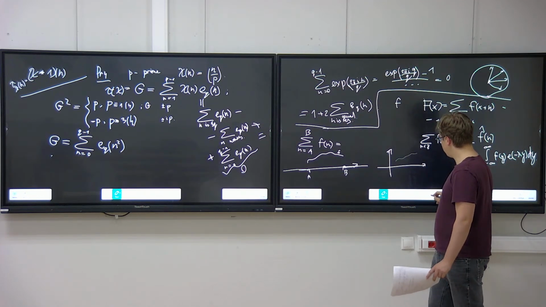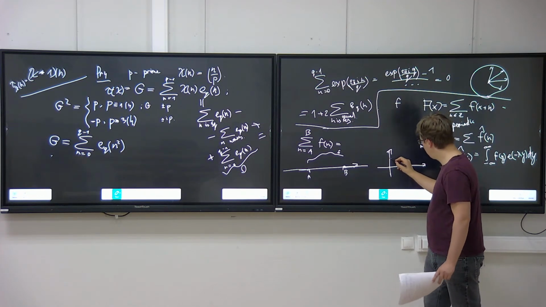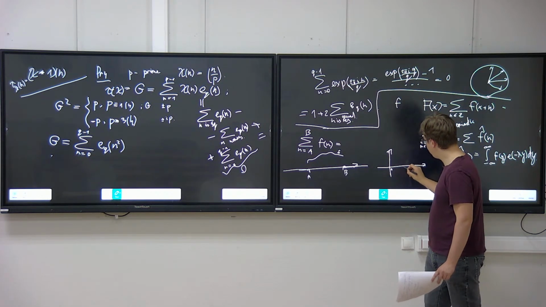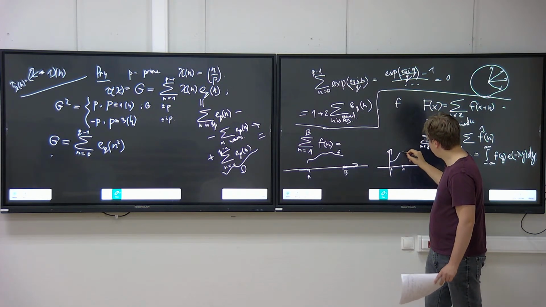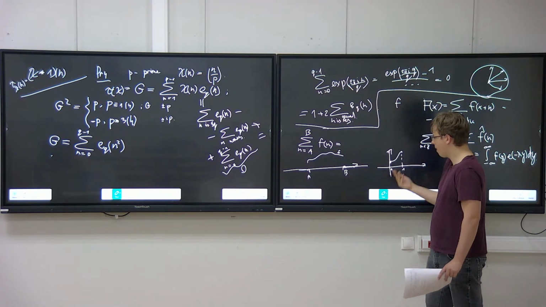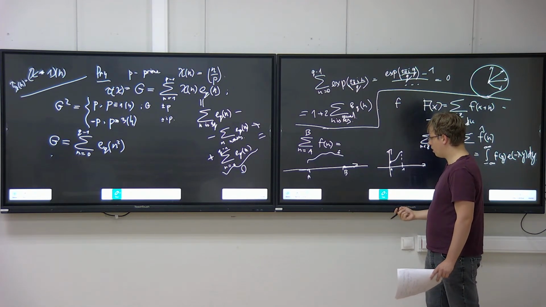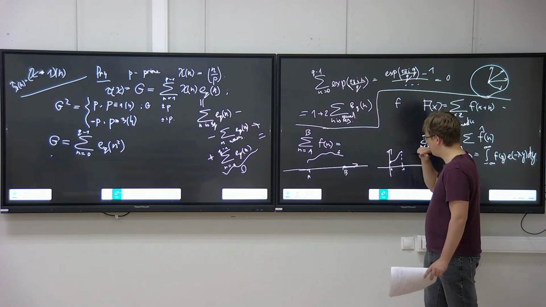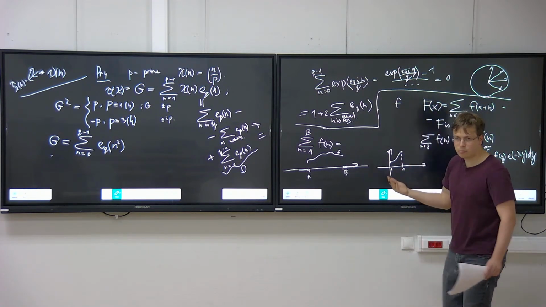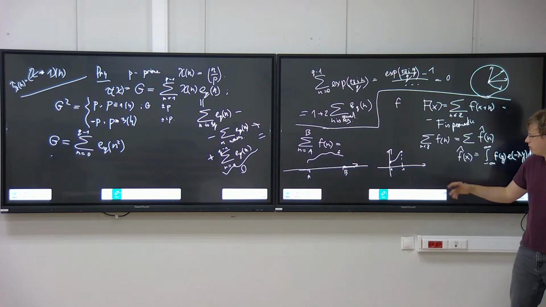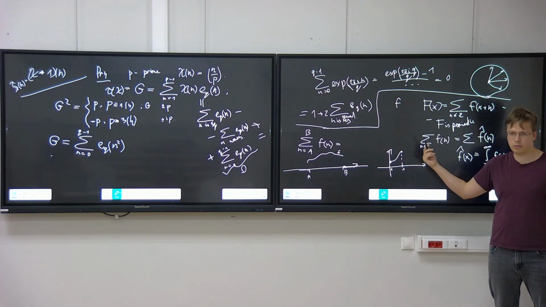So f of x will be some function, yes, from 0 to 1, it's periodic. But at 0 and 1, the values may be different. So it's continuous everywhere except the endpoints, yes?